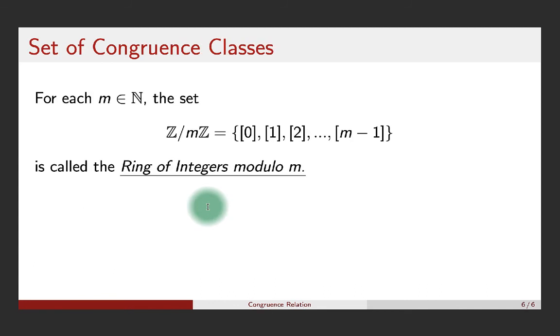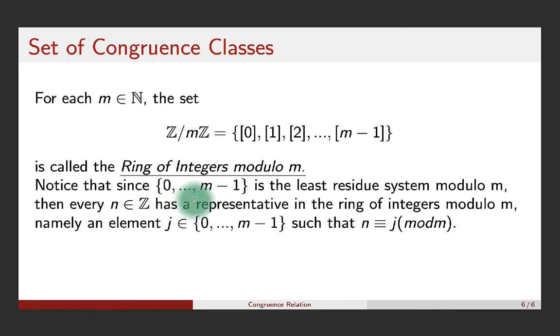The set of congruence classes can be denoted by the symbol Z by mZ, which contains the elements class of 0, class of 1 and so on, class of m minus 1. We can observe that this set together with addition modulo m and multiplication modulo m will be a ring, and this ring is called the ring of integers modulo m.